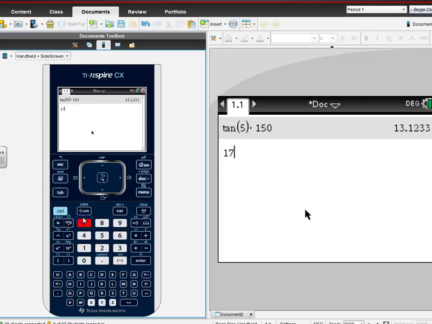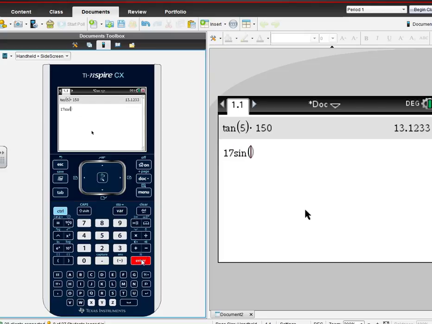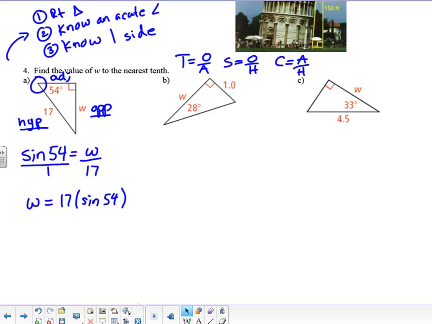We've got 17, we push the trig button, times the sine of 54, which is 13.7533. To the nearest tenth, we'd round that up to 13.8 for W.